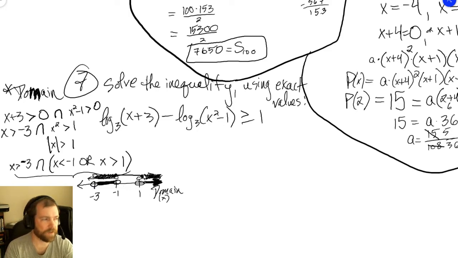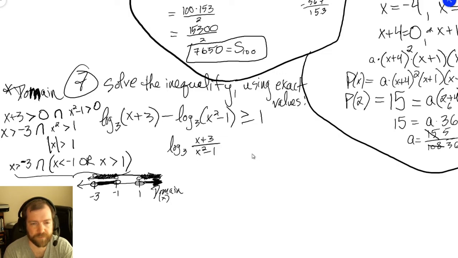So how do we figure this out then? Well, this is where we fall back on all of our log stuff. If we're just doing operations on the left-hand side or just on the right-hand side, nothing really changes in terms of the inequality. So you can, in fact, rewrite this as the log base 3 of x plus 3 divided by x squared minus 1 is greater than or equal to 1. From earlier, 1 is the same as log base 3 of 3.